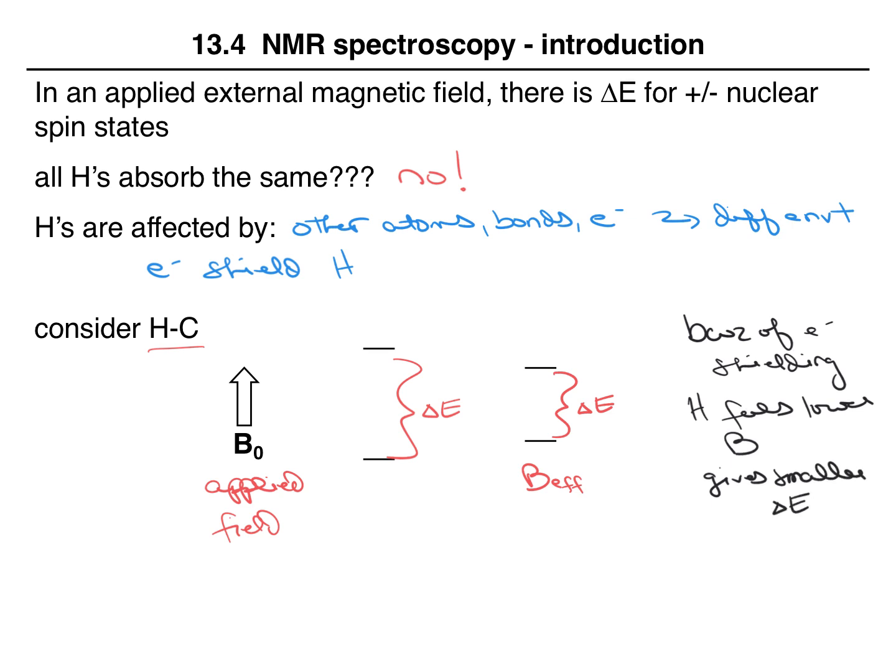Now, within the same molecule, different hydrogens are going to be shielded or deshielded differently. So each set of hydrogens could feel a different effective magnetic field, leading to different delta E's. And therefore, even within the same applied magnetic field, different hydrogens in the same molecule will absorb at different energies.